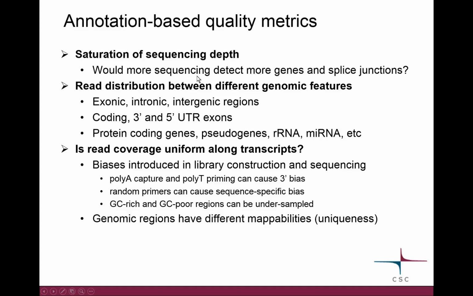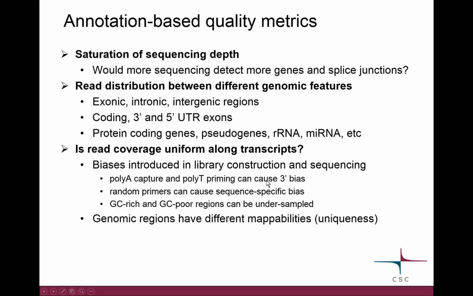Then we check out the read distribution between different genomic features. So are the reads mapping to exonic or intronic locations, and where? We also check if the read coverage is uniform along the transcripts, and it often is not super uniform because, like I mentioned with the FastQC plots, the random primers in the library preparation process can cause some bias to the uniformity of the coverage, and poly A capture and poly T priming do so too.